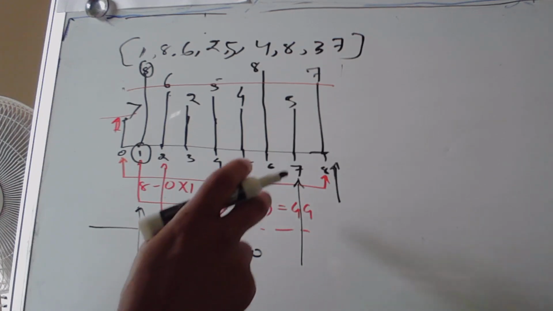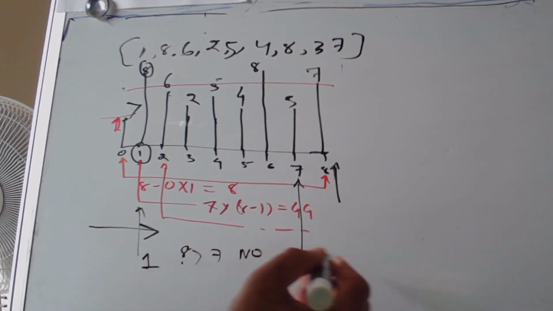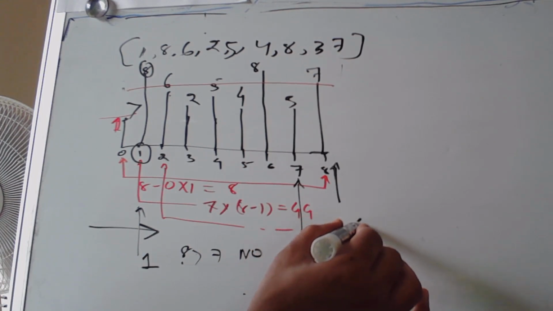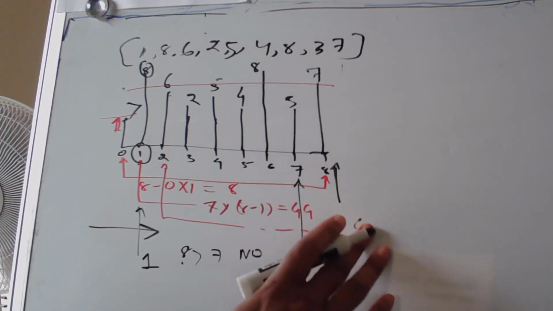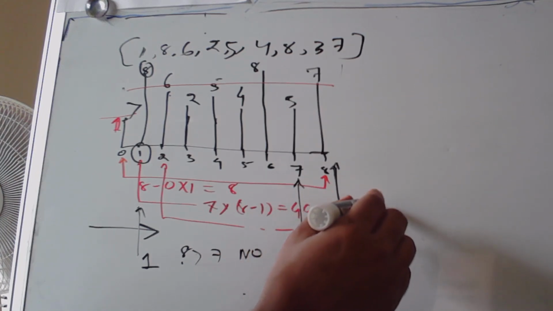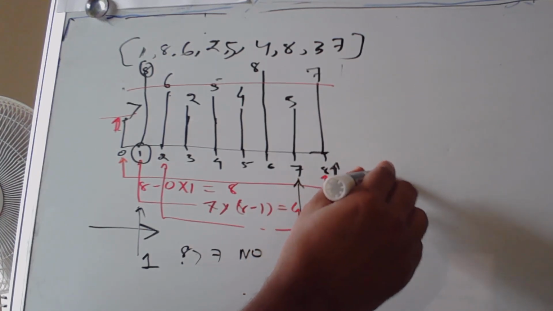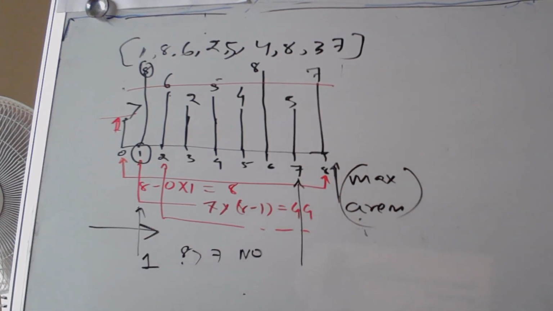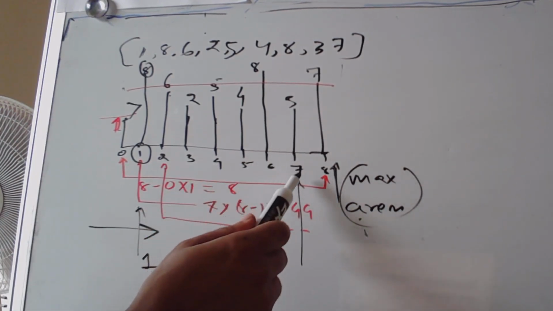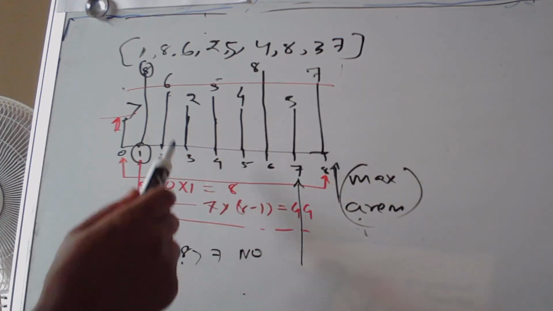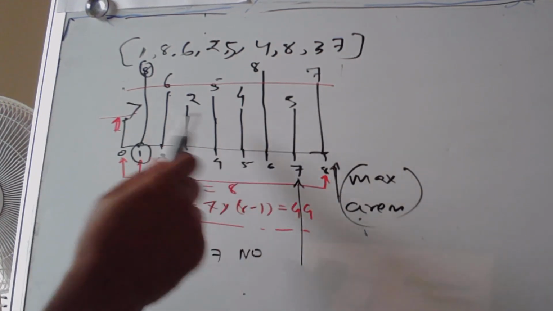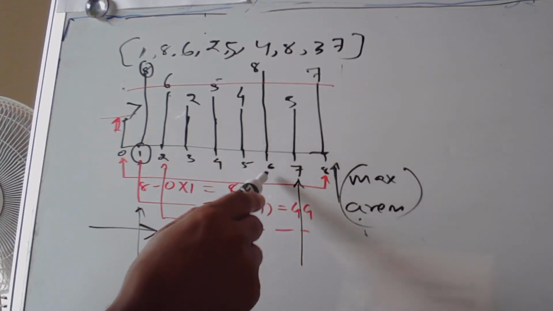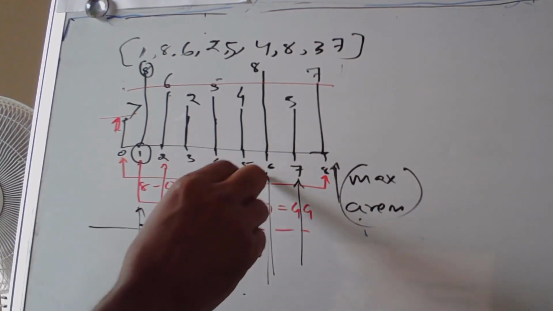Now in the meantime we will be keeping track of the max area, right? And then when we come to here, we check again: 3 is smaller than 8, so again we move the smaller one, and so on.